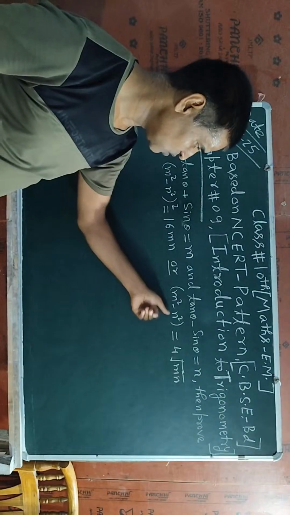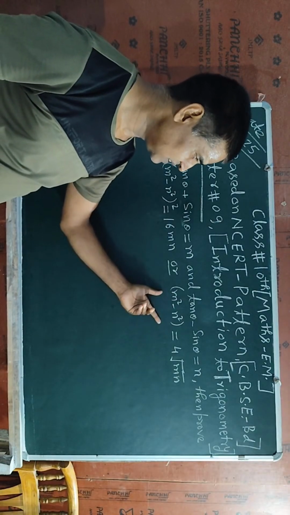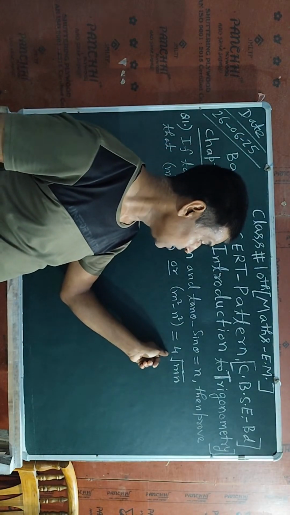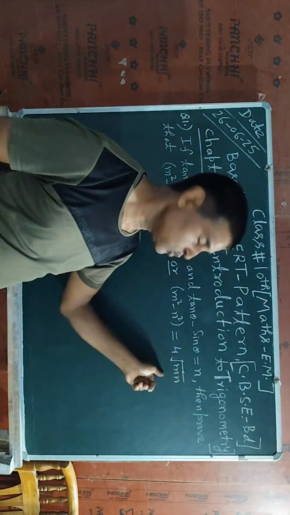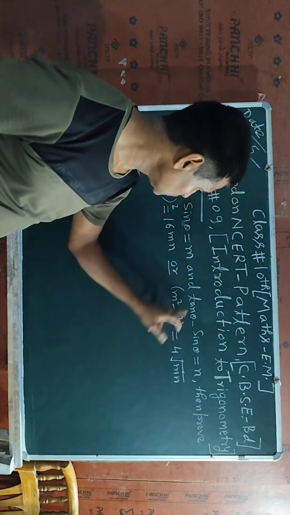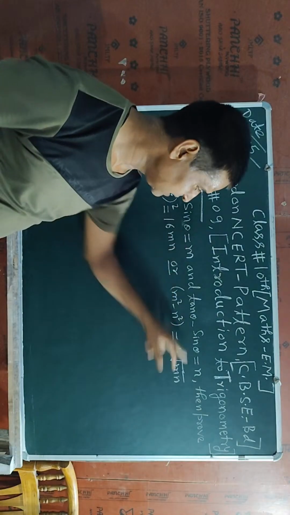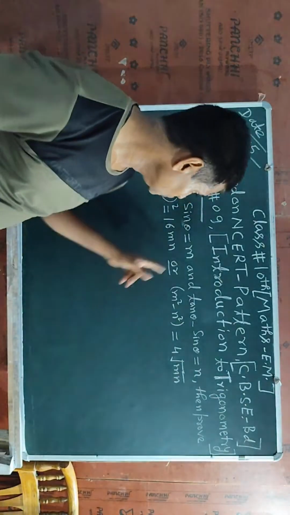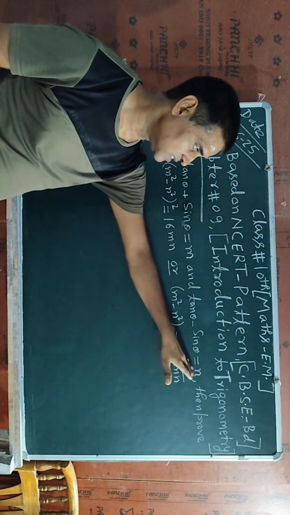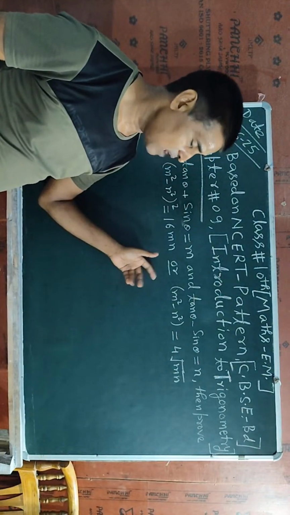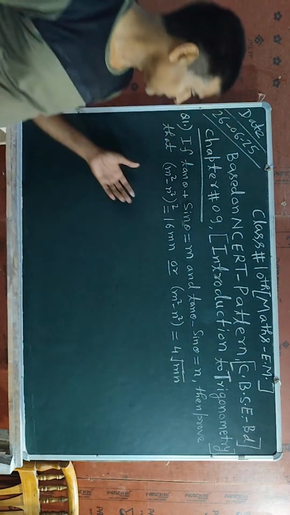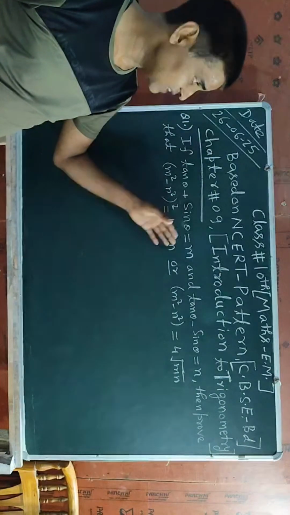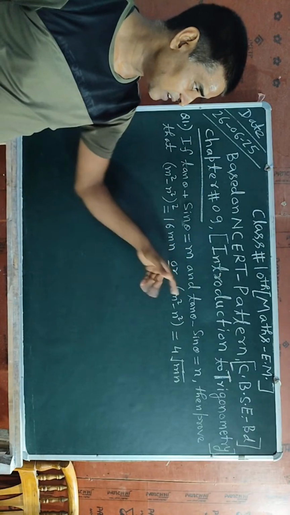This means (m square minus n square) in brackets, whole square, then an equal sign, and then you write 4 times the square root of mn. The values of m and n are given here. So use the concept of m and n and find their values, and after that take the left hand side here and the right hand side here. With the terms m and n, you simplify.